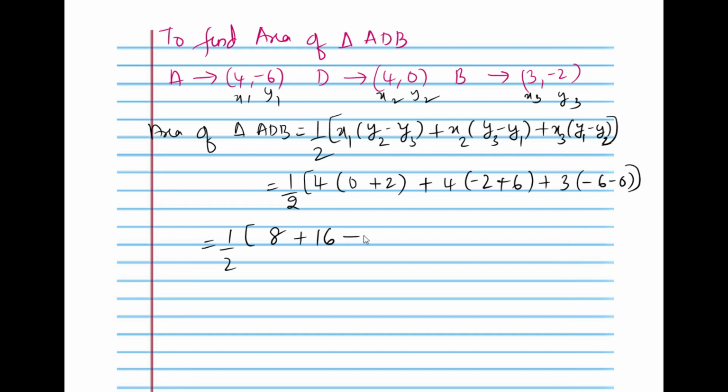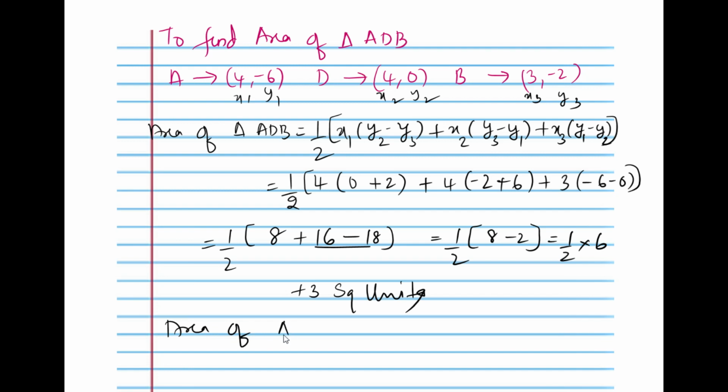The same way plus 3 into minus 6 is minus 18. What we get? Half into 8 plus 16 minus 18 is 6. Therefore 6 divided by 2 is plus 3 square units. Therefore area of triangle ADB is also 3 square units.